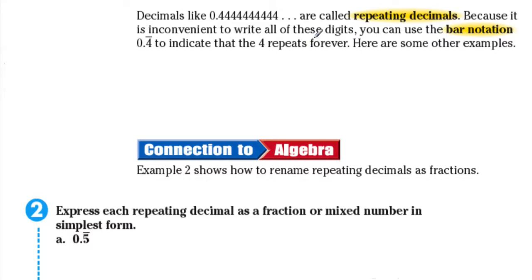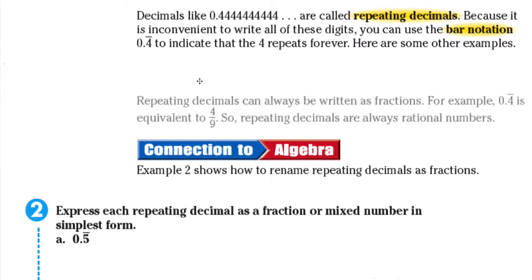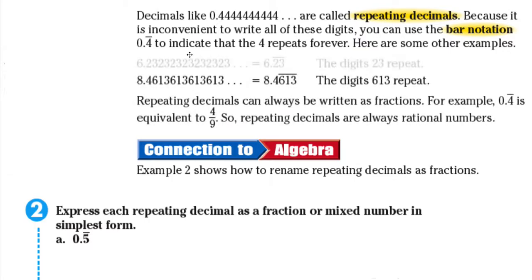Here are other examples of repeating decimals. In this case, 0.62323 repeat. 0.4613 bar notation 613 means that the digits 613 repeat.